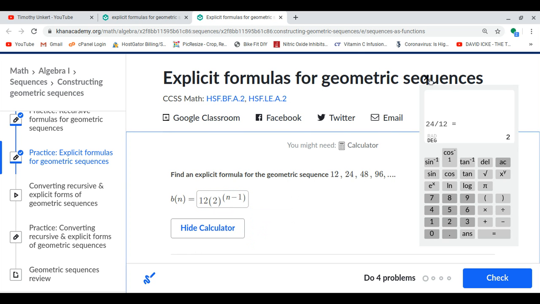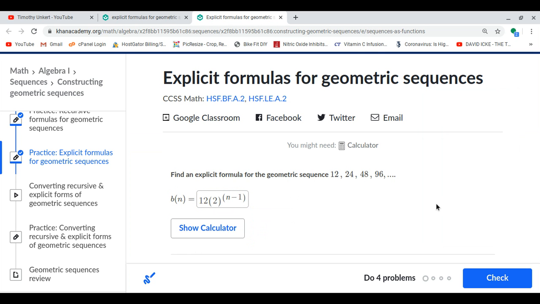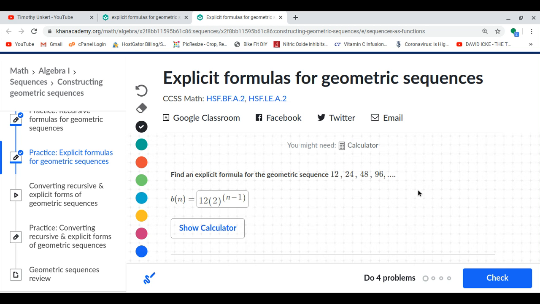Okay, so n is the number of the term. For the first term, n is 1. If I have 1 minus 1, I get 0. That would be 2 to the 0 power, and anything to the 0 power is 1, excluding any controversy about 0 to the 0 power.